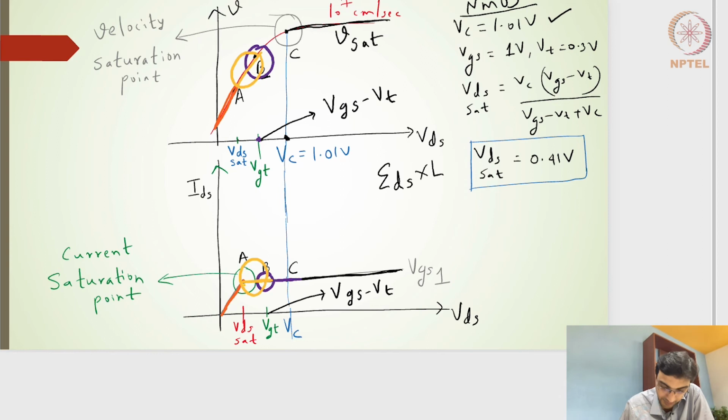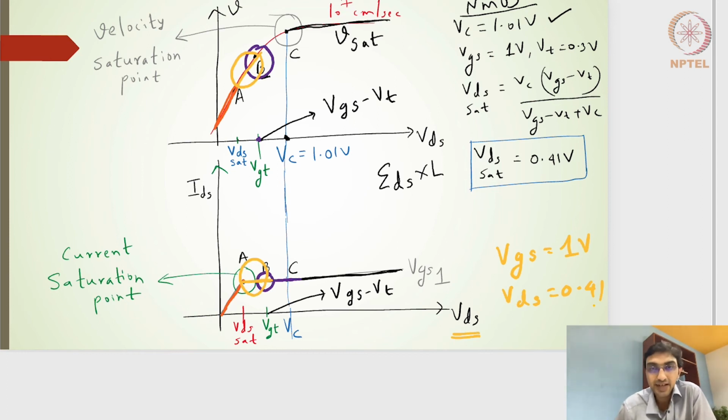That means starting from point A, the moment point A is reached, meaning if the applied VDS for a VGS of 1 volt achieves 0.41 volts, my current will be saturated.